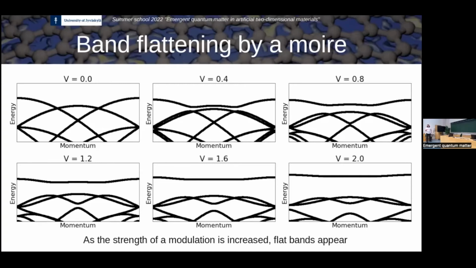So you start with an electronic structure that has very few states at the top of the band, and you end up with a nearly flat band with many states at the chemical potential, or at the very least at this very same energy. In other words, just by switching on a moire potential of a system that doesn't have electronic states and affecting a system that has electronic states, you allow for flat bands to appear.